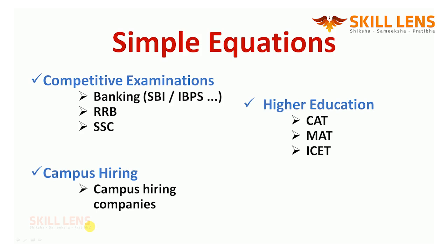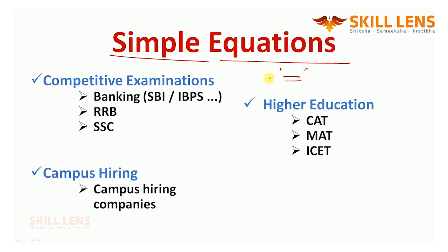Before you get into the concept of simple equations, first I want you to understand what an equation is. So what is an equation here? Guys, any open sentence which contains an equality sign, only then do we call it an equation.